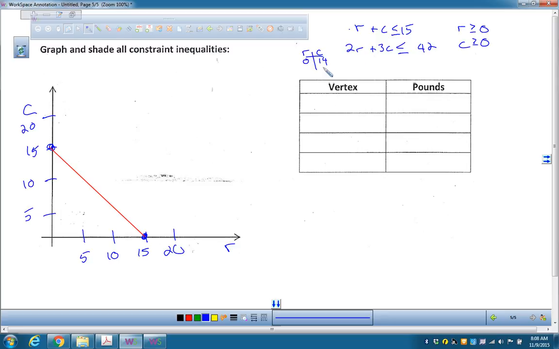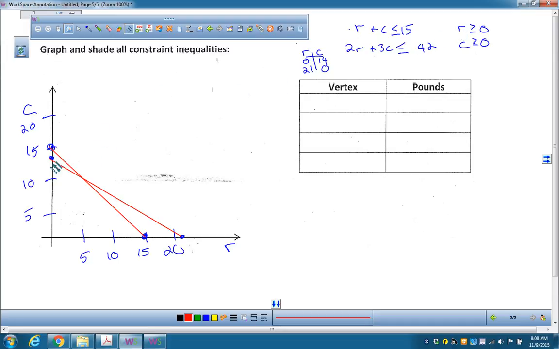Okay? When C is 0, what's R? 21. Okay, so now I have 2 points for my other equation. R is 21, let's call it right over here, not going to be perfect. And C is 14, which is right below here. And now I'm going to connect those 2 points. So it kind of looks like this. All right?